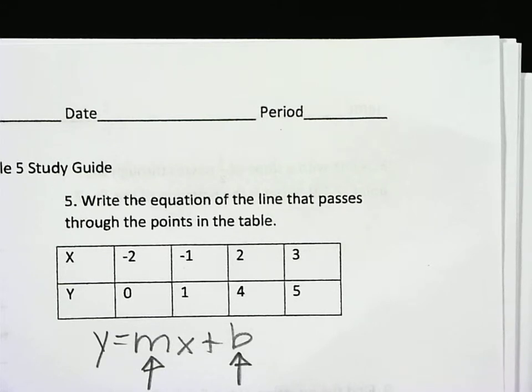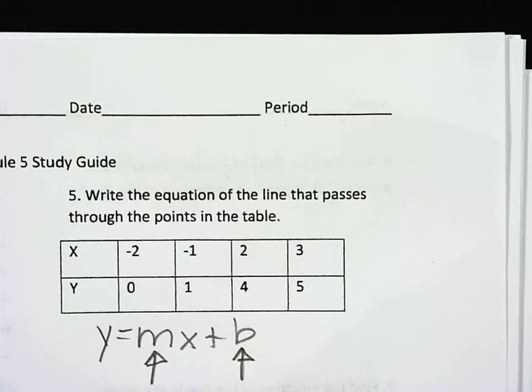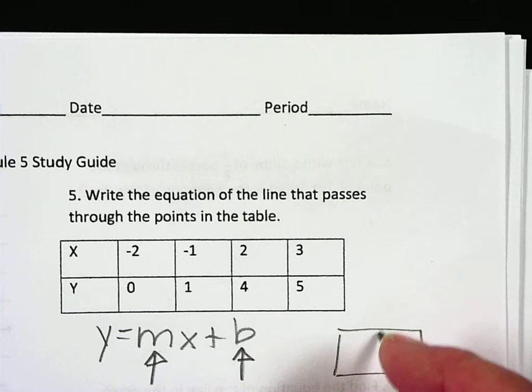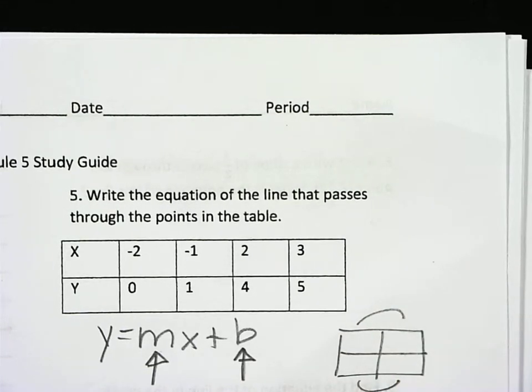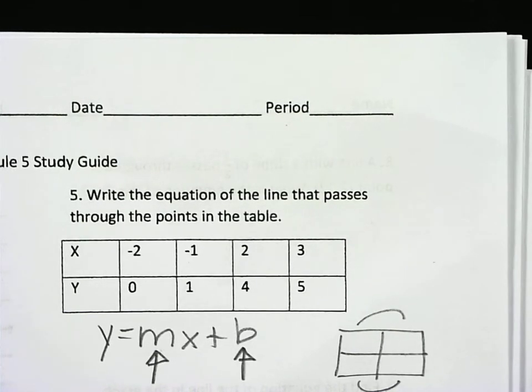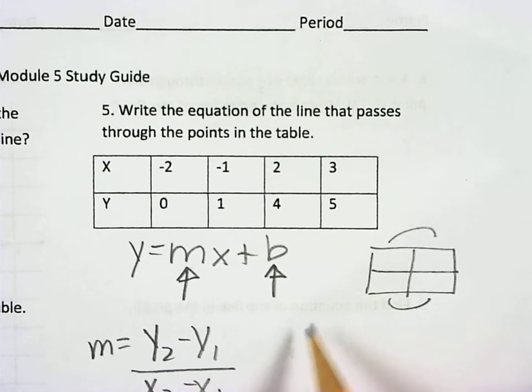So let's look for slope first, and I can get the slope by picking any 2 points and either looking for the change in y over the change in x or doing the formula. M equals y sub 2 minus y sub 1 over x sub 2 minus x sub 1. And it seems to me in class most of you prefer the formula. So I'm going to go ahead and use the formula.